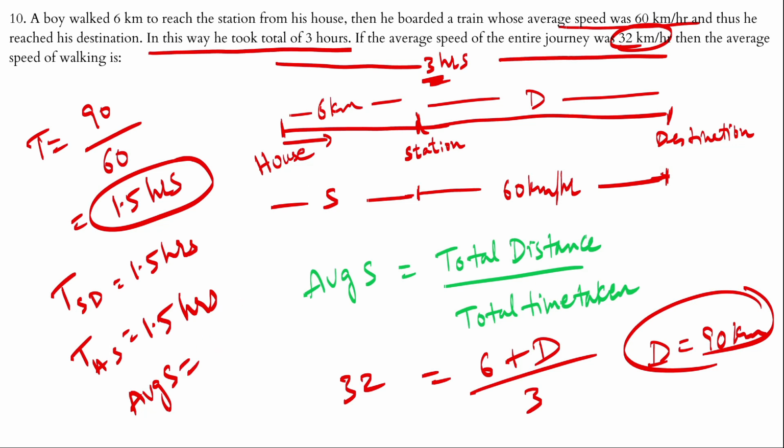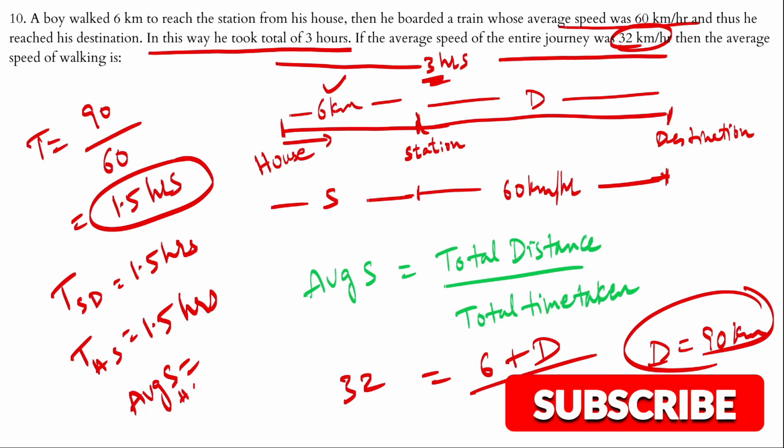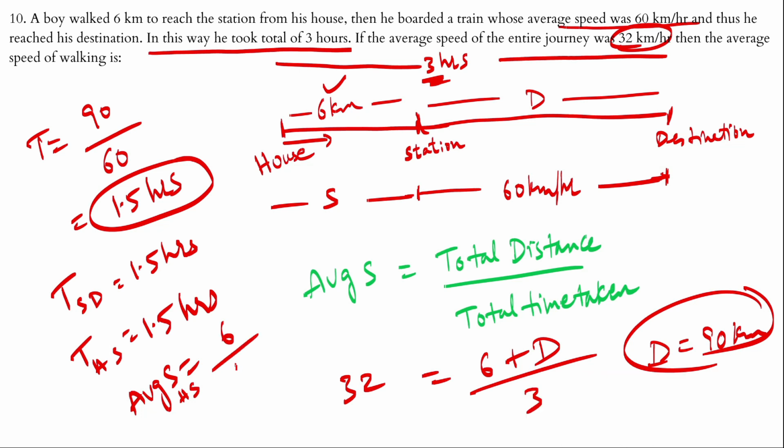Average speed from house to station is total distance 6 kilometers by time taken, which is 1.5 hours. This will be equal to 60 by 15, so this will be equal to 4 kilometers per hour. So 4 kilometers per hour is the average speed from house to station.